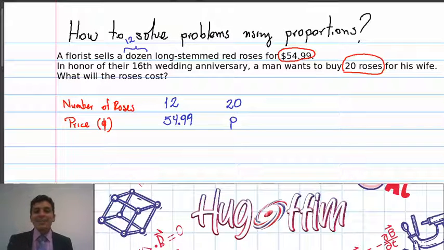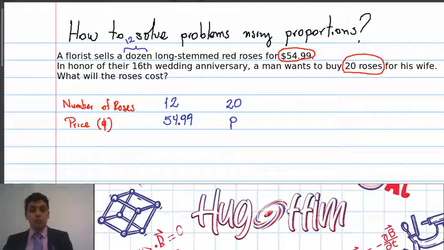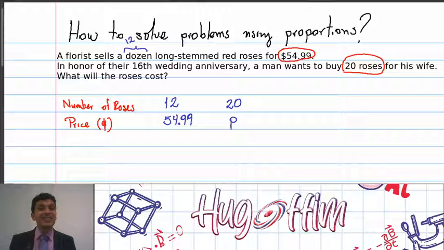As we're using a problem that we feel is related to proportions, to unit rate, because it's the cost of roses and I want to know the price of a lot of roses, we can say that we're talking about a proportions problem. So we need to find our proportion.